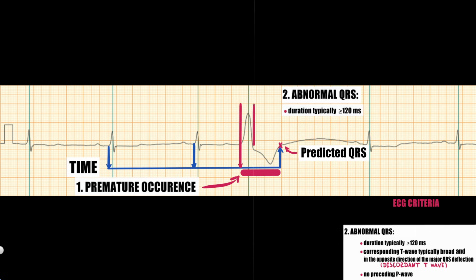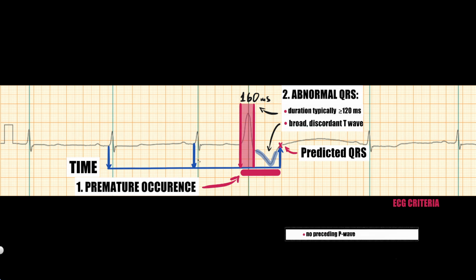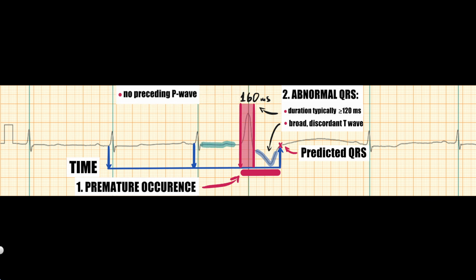The QRS duration is 160 milliseconds. T wave is broad and pointed in opposite direction to the QRS complex, so T wave is discordant. Therefore, the second ECG criterion is present. And the last criterion: there are no P wave before premature ventricular contraction.